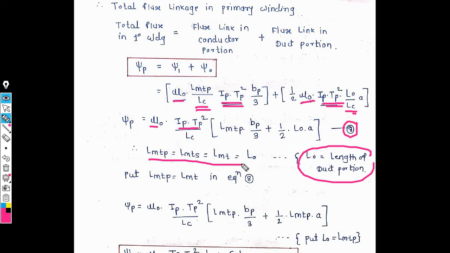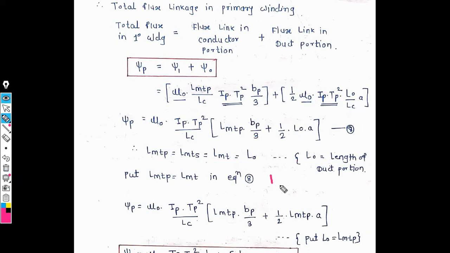Then we put L0 equal to, we consider only the primary winding. Next we have to find out the secondary winding. Then put L0 equal to length of mean turn of primary.